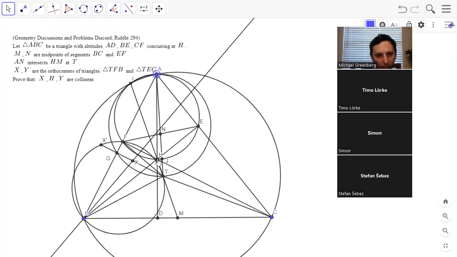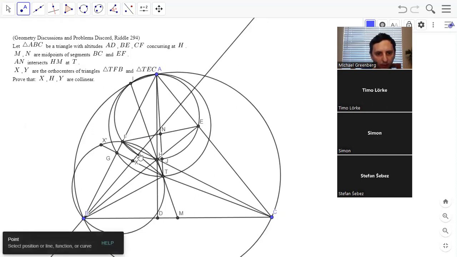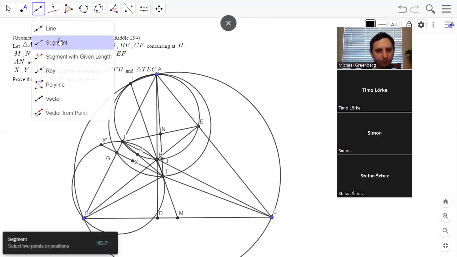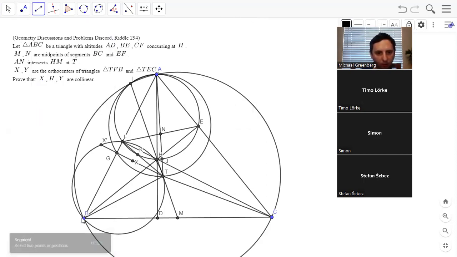So, let's see. BX and K look like they're collinear. That is actually equivalent to the problem. Oh, really?